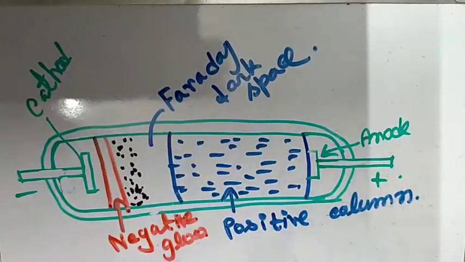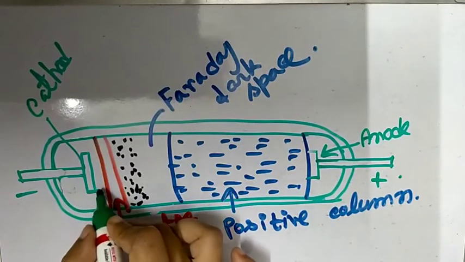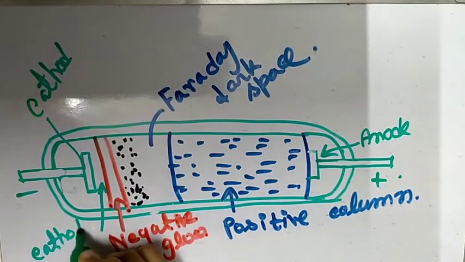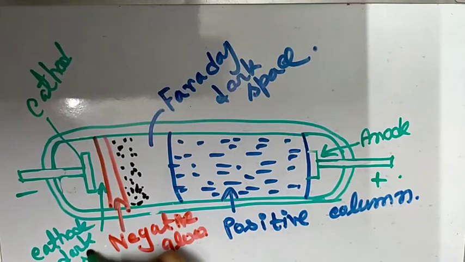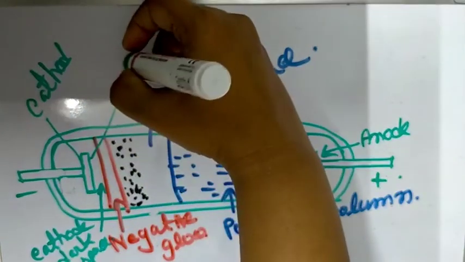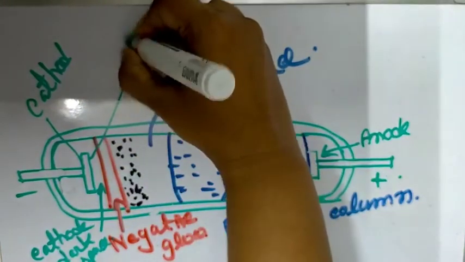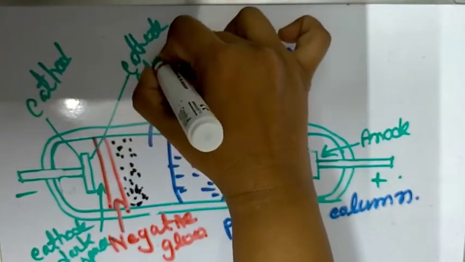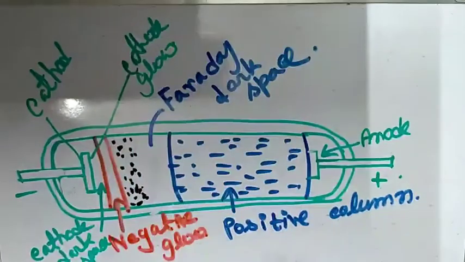This one is cathode, dark space, and this is cathode glow. Okay.